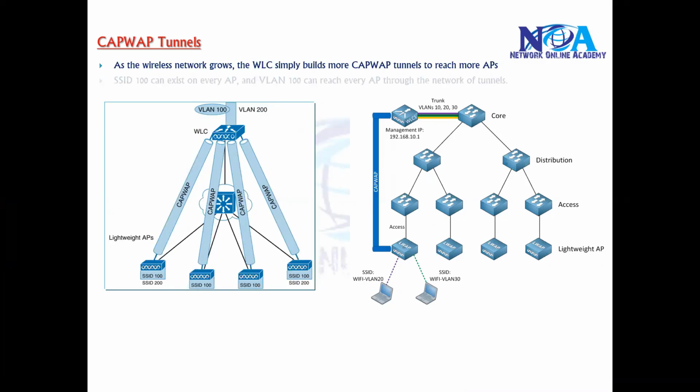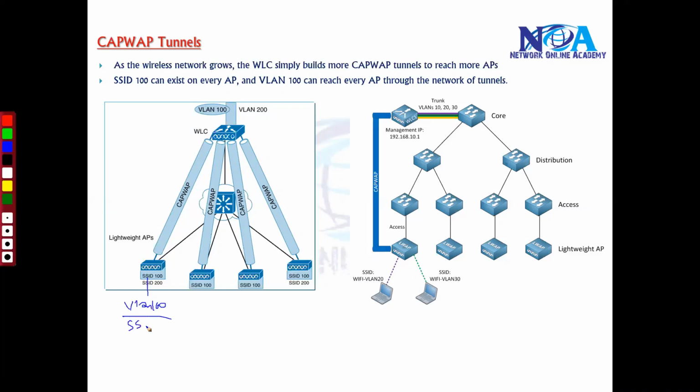One more thing: SSIDs can exist on each and every access point. Let's say you have a VLAN 100 user configured with SSID 100, and you want the users of this SSID 100 to talk to SSID 100 on a different access point. How does it work? Again, the same thing.